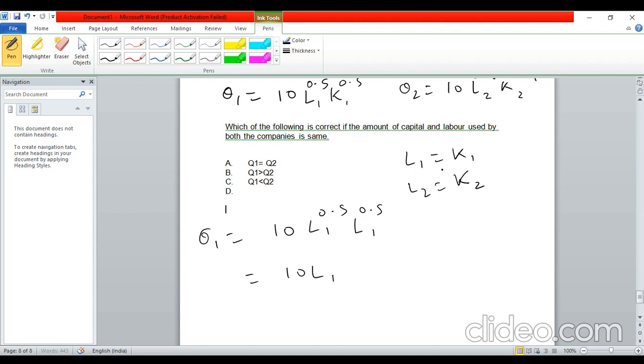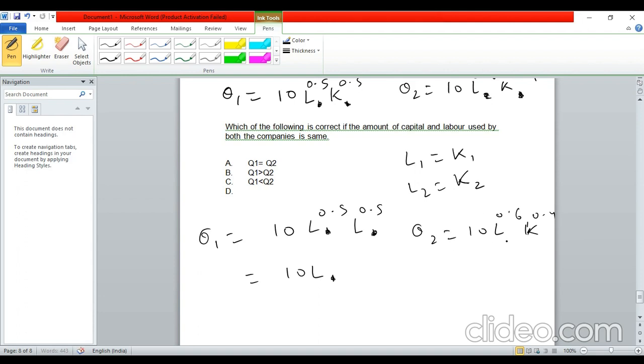This was for the first one; now the second one was 10 L to the power 0.6 and K to the power 0.4. Don't write this as L1, because I think it was only L and K there, and we may get confused.